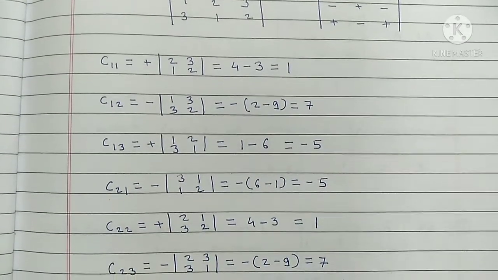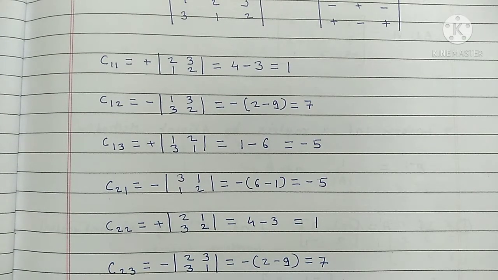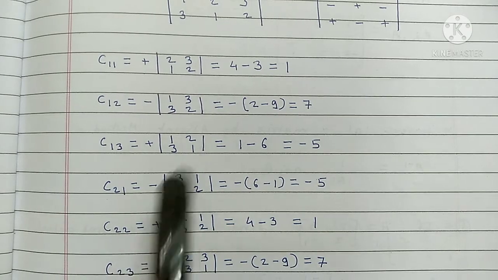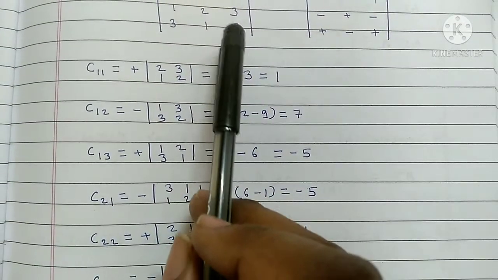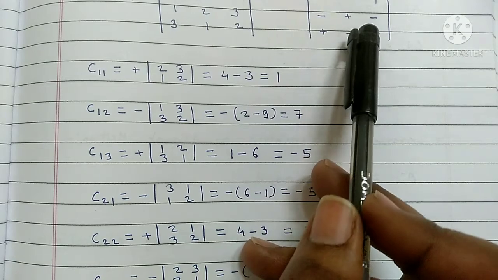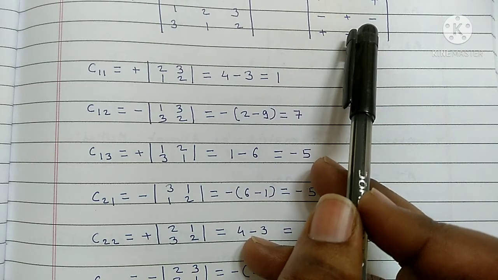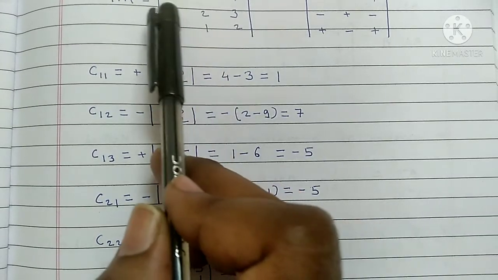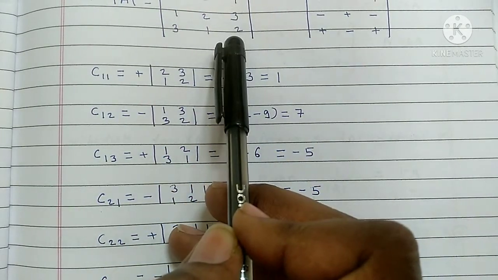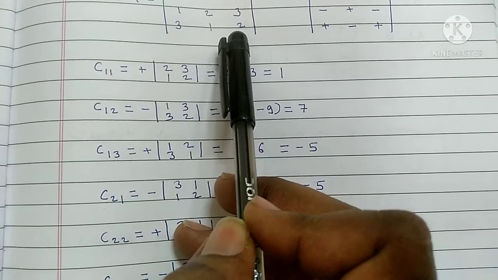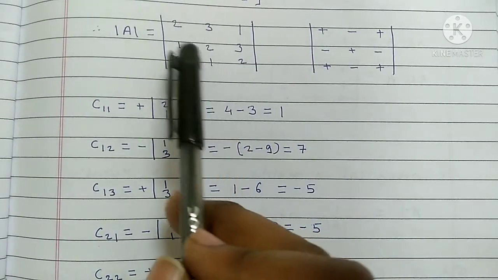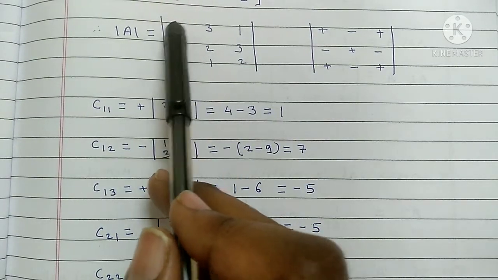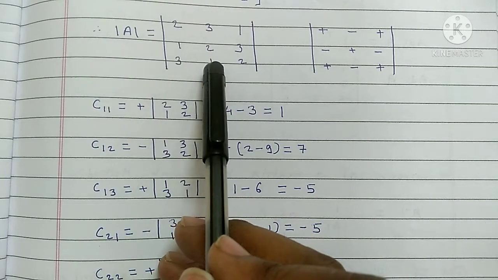Then next is C23. C23 means this last element in the second row. Now corresponding sign is minus. Then this element is in second row and third column. So just delete second row and third column. So it is 2, 3, 3, 1.